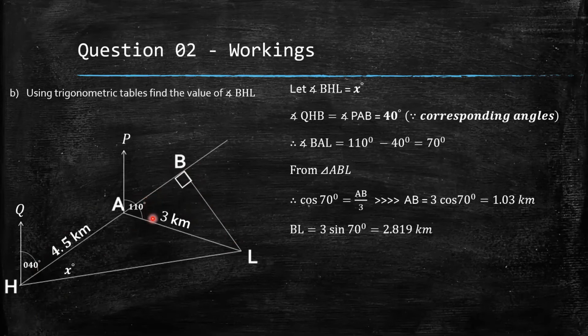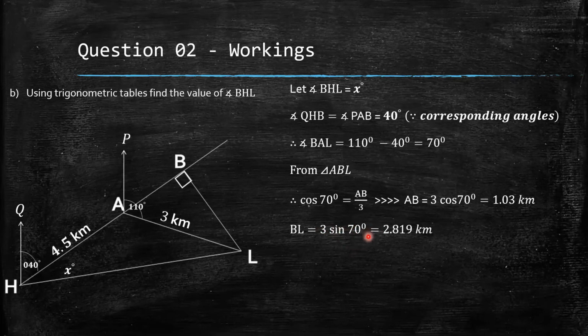This is my 70. Sine 70 will be equal to my opposite side, which is BL, divided by the hypotenuse, which is 3 kilometers. So sine 70 equals BL divided by 3. So my BL will be, if you cross multiply, 3 times sine 70. The sine 70 is 0.9 something. I hope you can refer to the tables.